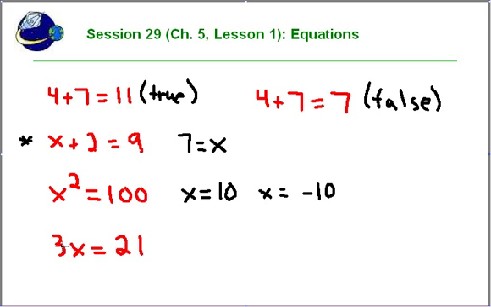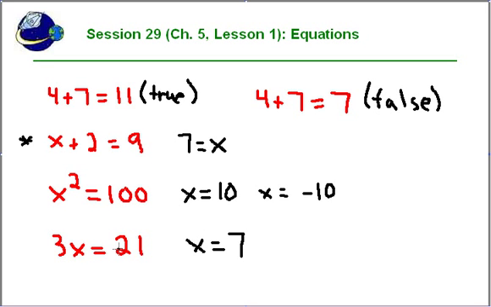So what this is really saying is 3 times x equals 21. Well, if it's helpful to you, replace x with the phrase what number. 3 times what number equals 21? Well, that number is 7. 3 times 7 is 21.